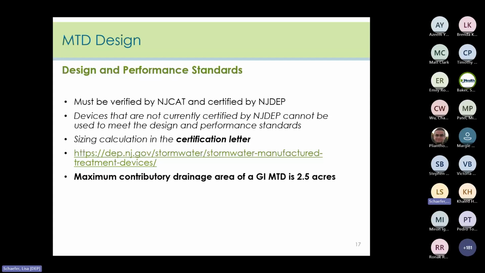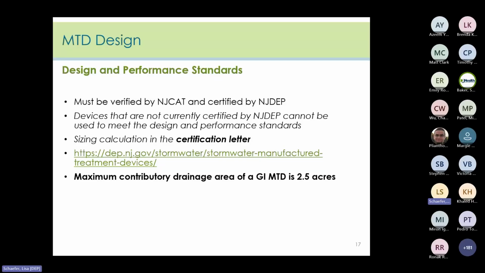So we want to emphasize that the review engineer must read the certification letter before completing the review. That letter provides the calculation method to size and select the appropriate model of an MTD. The maximum treatment flow rate is calculated based on the peak runoff flow rate from the impervious surfaces during the water quality design storm.